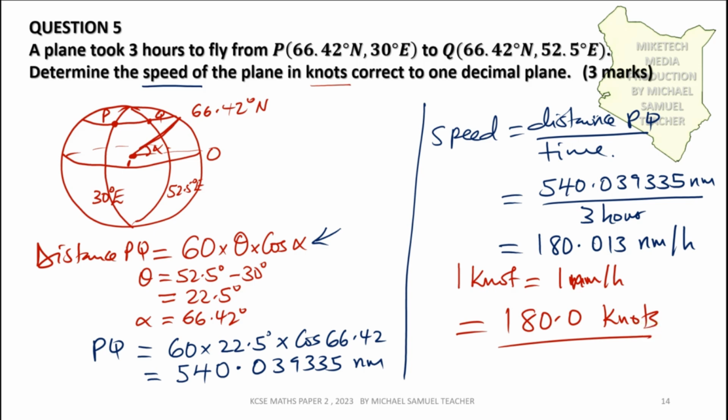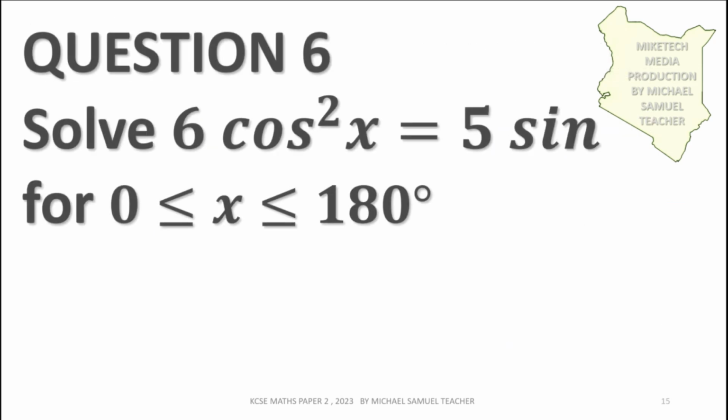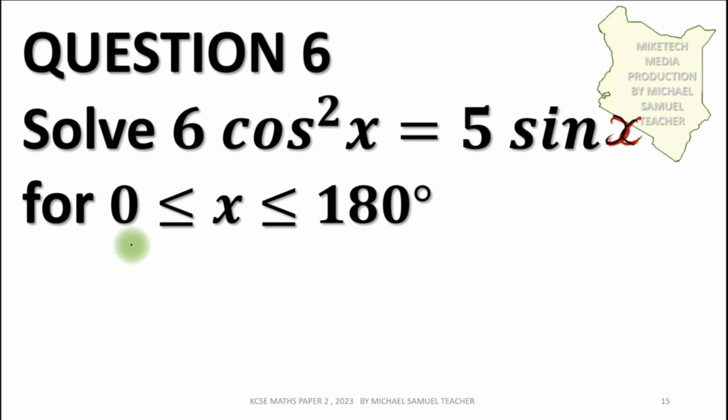We move on to the next question, number 6. Solve 6 cosine x squared is equal to 5 sine x, for the range of x from 0 to 180 degrees included.